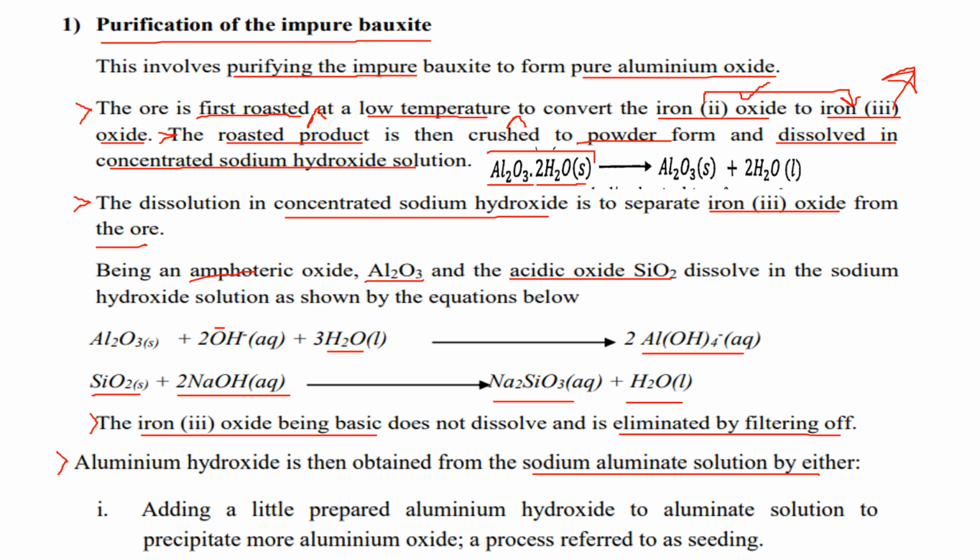So in this case, Roman number 1 is going to be by seeding, in which we are going to add a little prepared aluminium hydroxide to our sodium aluminate solution so that we can precipitate more of the aluminium hydroxide, a process that is referred to as seeding.